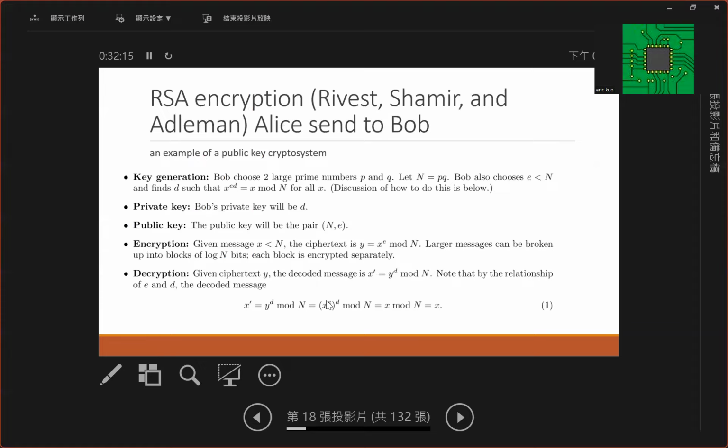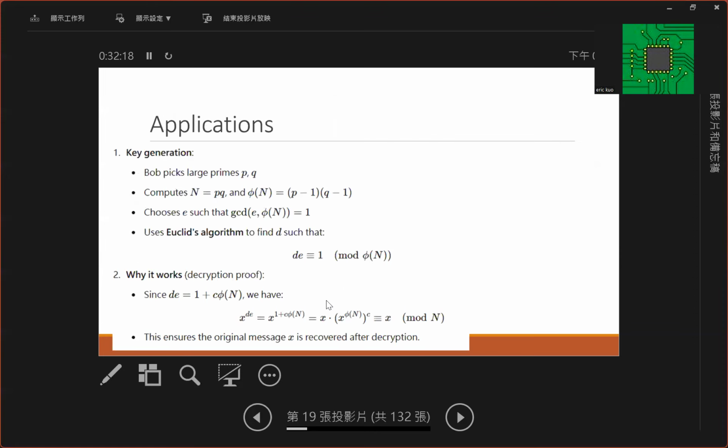So now we can explain. In key generation, Bob picks large p and q. So Bob knows n is p times q, and Bob also knows phi of n because of the formula.